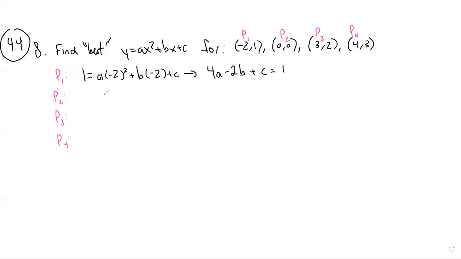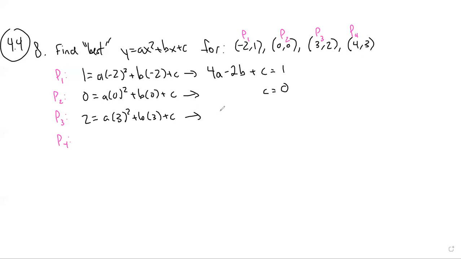And then similar for the 0, 0, I would have 0 equals A times 0 squared plus B times 0 plus C. So this would tell me that C equals 0. P3, so I have 2 equals A times 3 squared plus B times 3 plus C. So I get 9A plus 3B plus C equals 2.